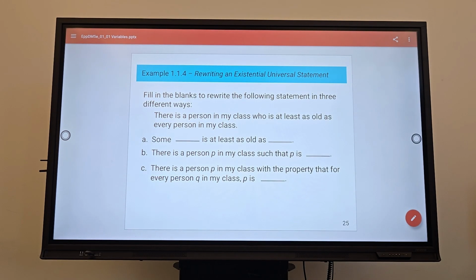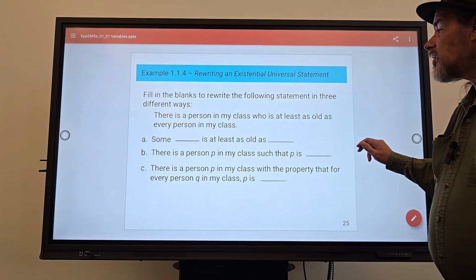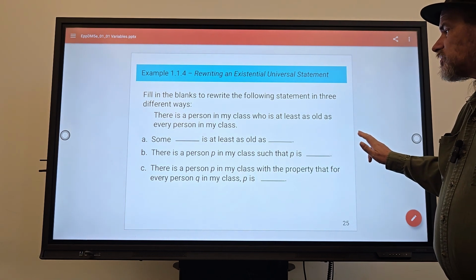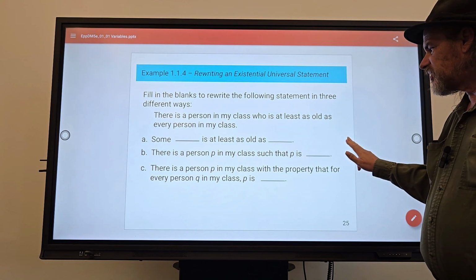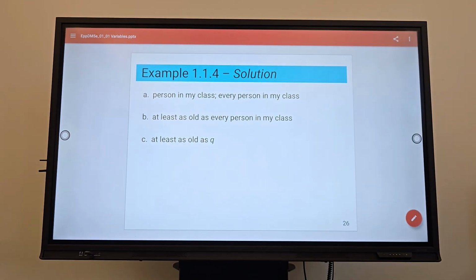There's a person P in my class such that for every person Q in my class, P is at least as old as Q.